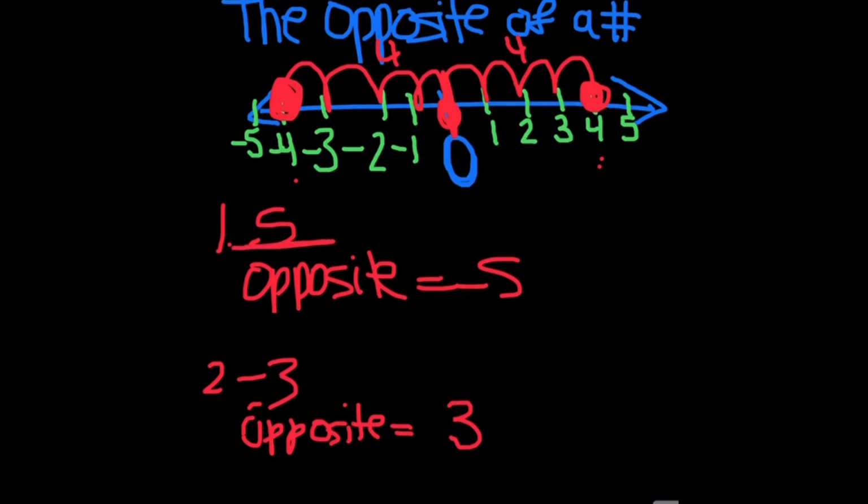What does not change with the opposite is its distance from 0. That's really the main takeaway. The opposite of +4 is -4, and the opposite of -4 is 4. What doesn't change is the distance from 0, which is still 4 units, no matter negative or positive.